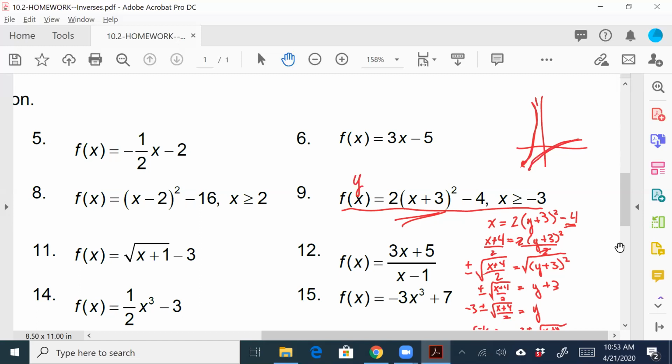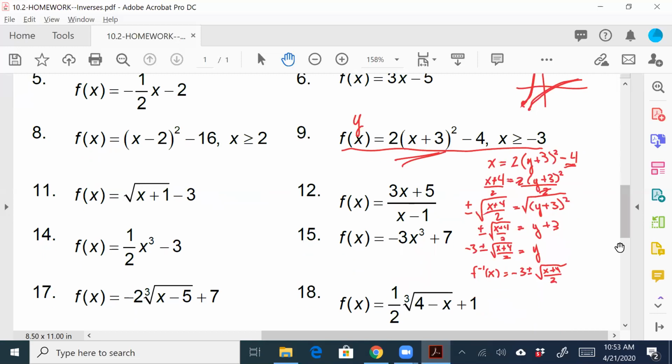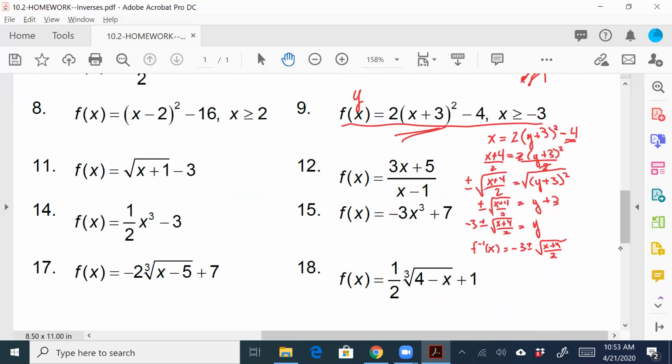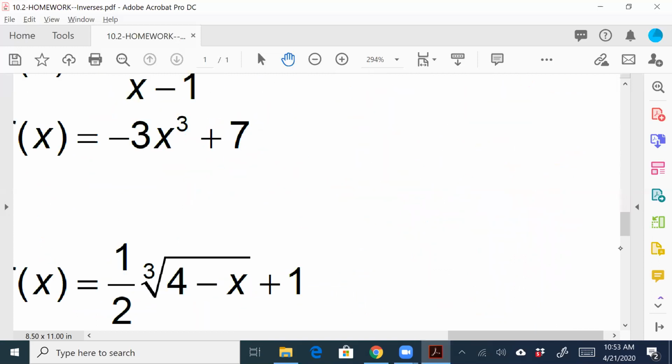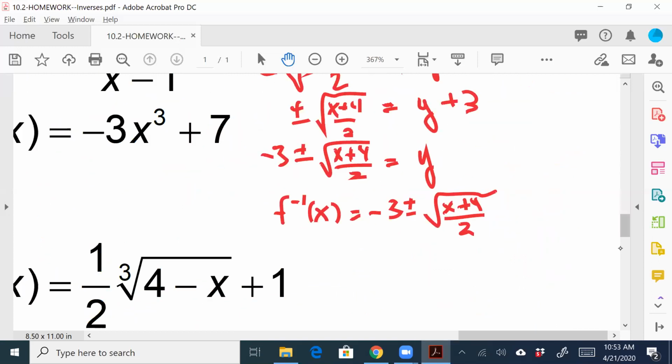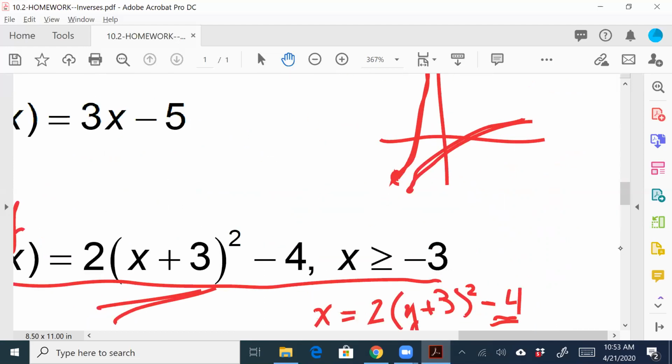That means it doesn't include both a plus or minus. It would only include the plus. It would only include the top part. If it included both plus or minus, it would look like this.